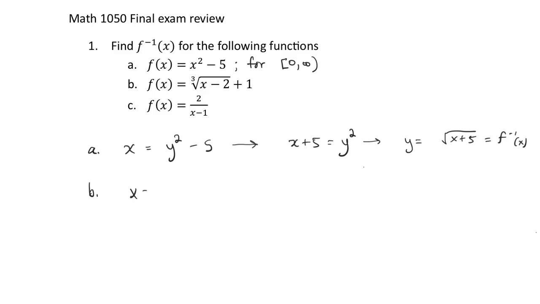So we can say that x is equal to cube root of y minus 2 plus 1. And now we solve for y. So we're going to subtract 1 on both sides.